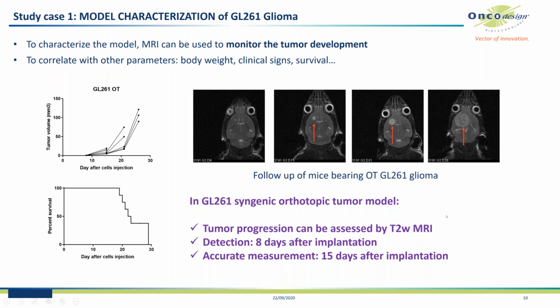And in this model, we can detect the tumor by T2 weighted MRI at early time points, 8 days after tumor implantation. And accurate measurement of tumor volume can be done 2 weeks after implantation.